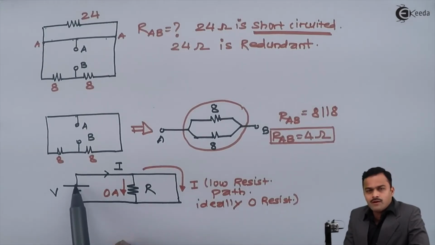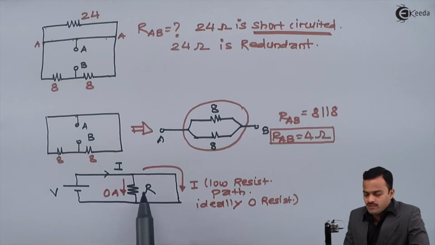Whatever current is given by this battery, the entire current will flow through this short circuit link without passing even a single ampere to this resistor R. So the current flowing to the resistor R is 0 ampere, and whatever current is given by the battery will flow through this short circuit. Since there is no current flowing through the resistor R, it will not do any work, hence the resistor R is redundant.